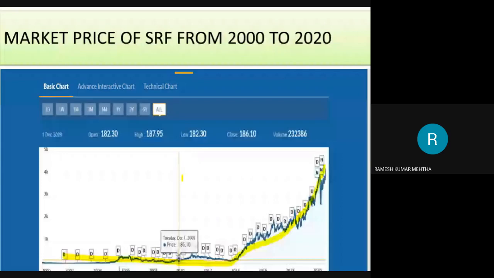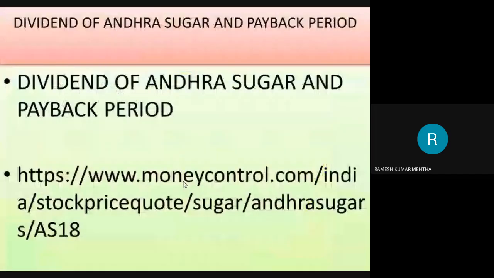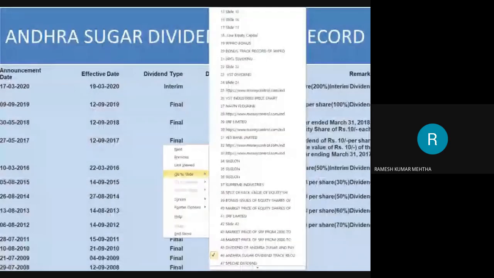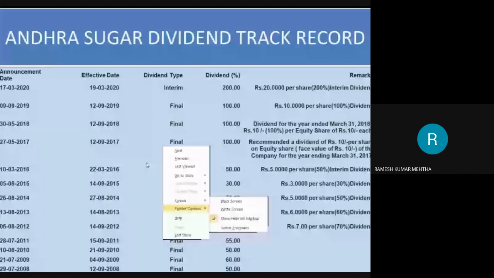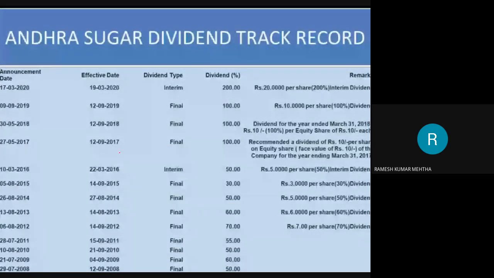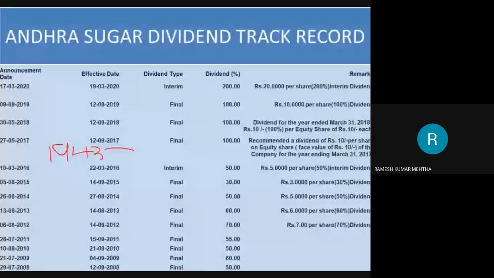So next one is Andhra Sugar, dividend of Andhra Sugar and payback period. You'll see this. Even an unknown company like Andhra Sugar, if you look at the history of this company, the company was formed in the year 1943. From 1943 till 2020, the company has declared a dividend like this.